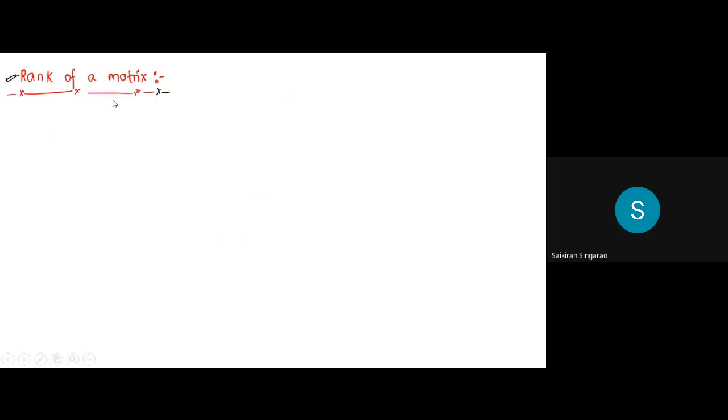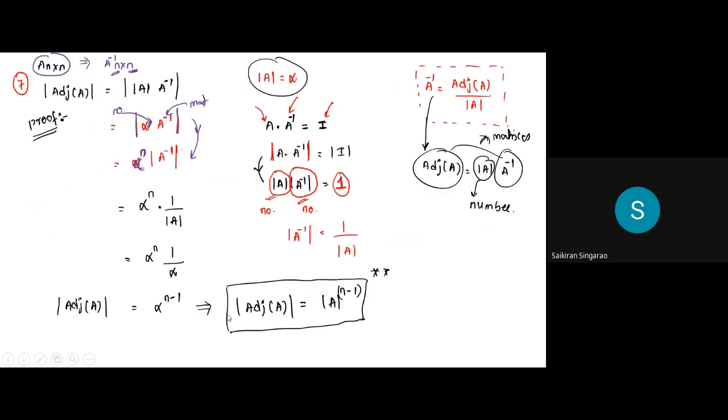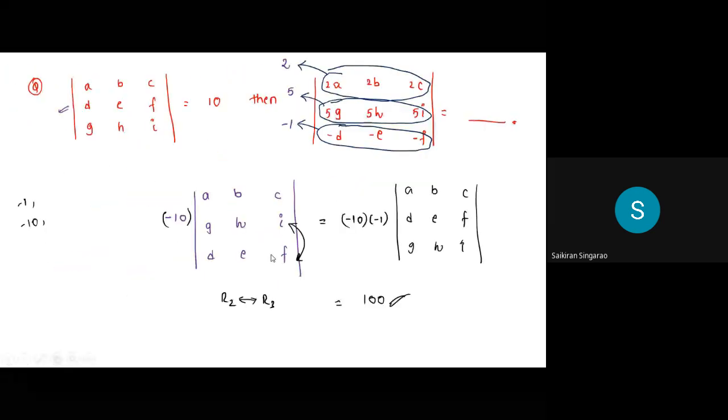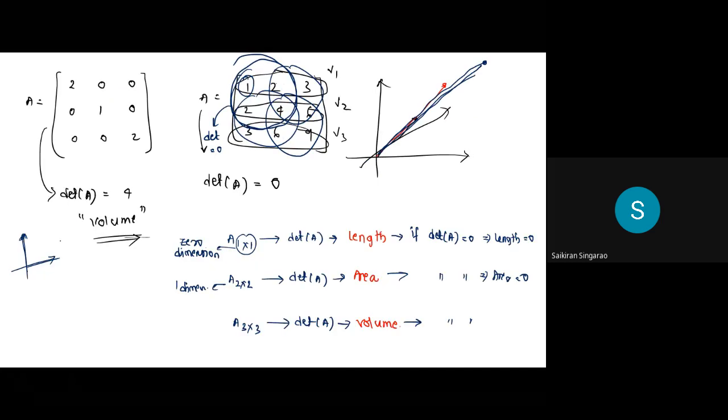Okay. So rank means what is, there is something called vector, there is something called vector span, there is something called as span of the vectors, and all those things, which is more related to vectors and matrices. So whenever we are talking about vectors, when I'm talking about determinant, a 2 cross 2 determinant will look like this. The area formed by these two vectors, right? 3 cross 3 will come as what?